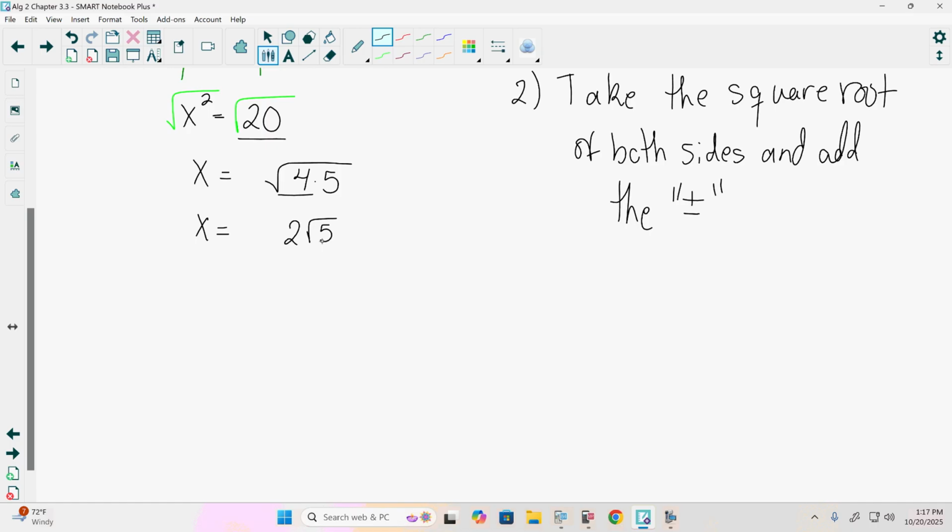The square root of 5 would not, telling us it's 2 square root of 5. Now, whenever we take the square root of both sides, we do have to add the plus or minus, because a positive number times itself is still going to be positive. A negative times itself is still going to be positive.